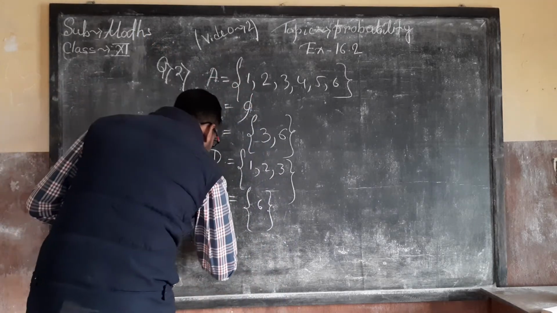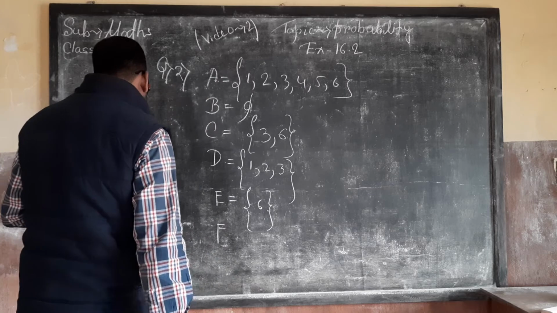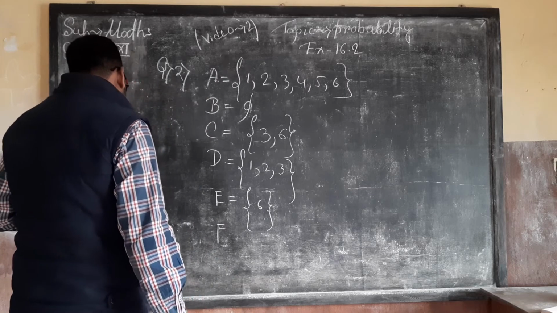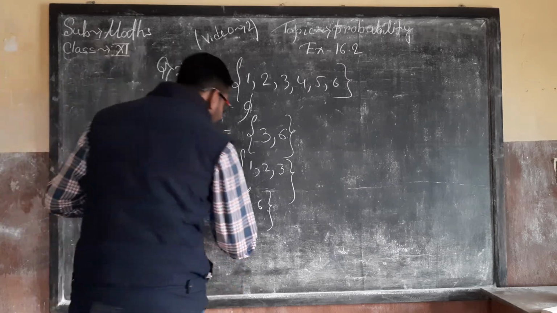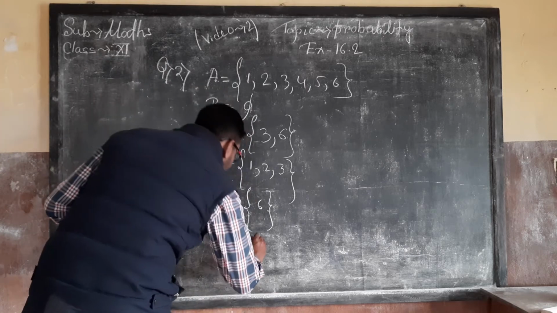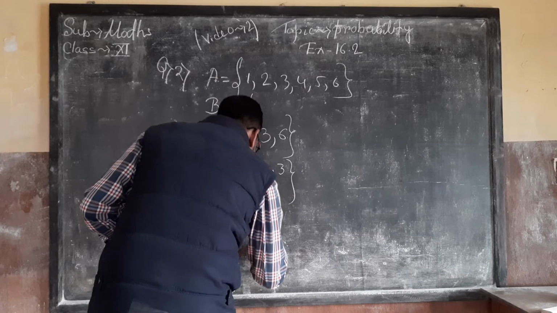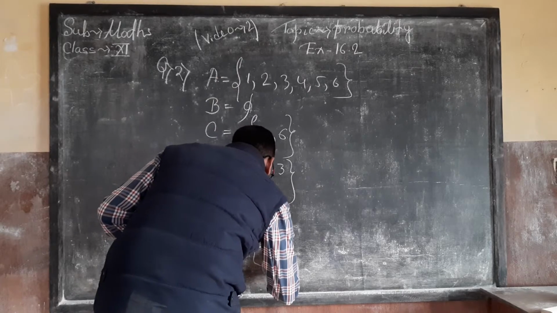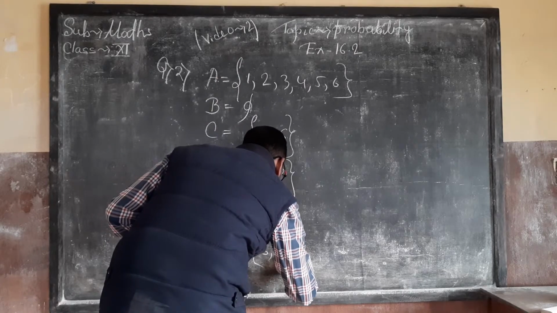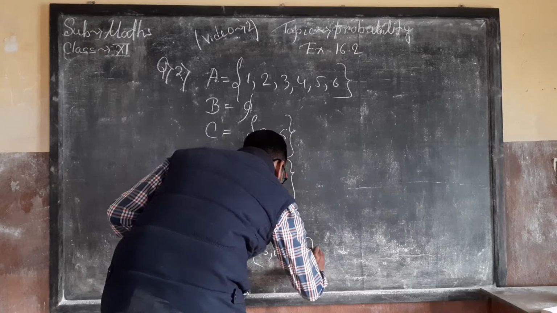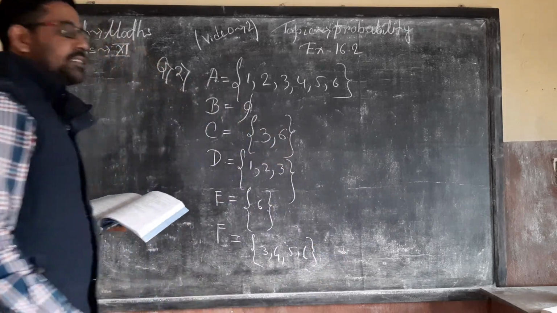And after that, F is another event, a number not less than 3. Not less than 3: 3, 4, 5 and 6. All those numbers satisfy this condition.